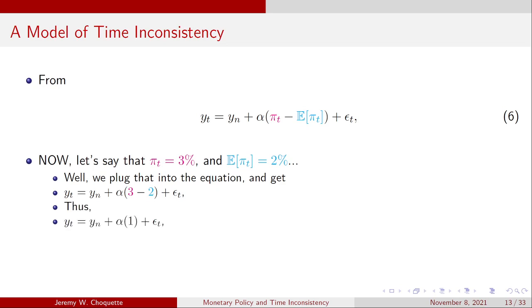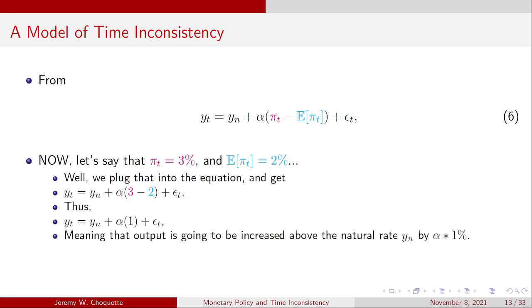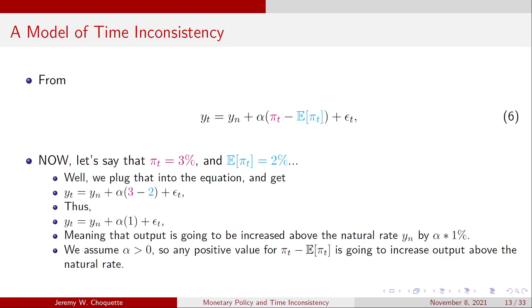Thus, Y_t equals Y_n plus alpha times 1 plus shocks, meaning output is going to be increased above the natural rate Y_n by alpha times 1%. Now, I'm going to assume that alpha is greater than 0, so any positive value for pi_t minus E of pi_t, or inflation minus expected inflation, is going to increase output above the natural rate.